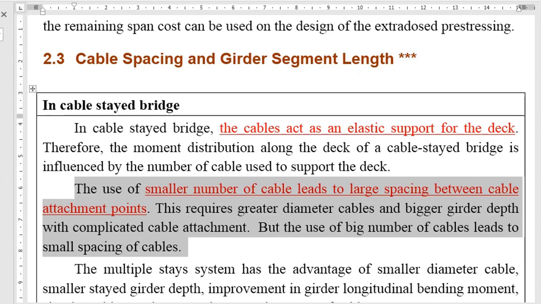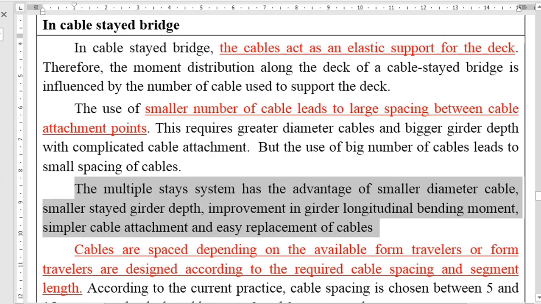This requires greater diameter cables and bigger girder depth with complicated cable attachment. But the use of a big number of cables leads to small spacing of cables. The multiple stay system has the advantage of smaller diameter cable, smaller stayed girder depth, improvement in girder longitudinal bending moment, simpler cable attachment and easy replacement of cables.